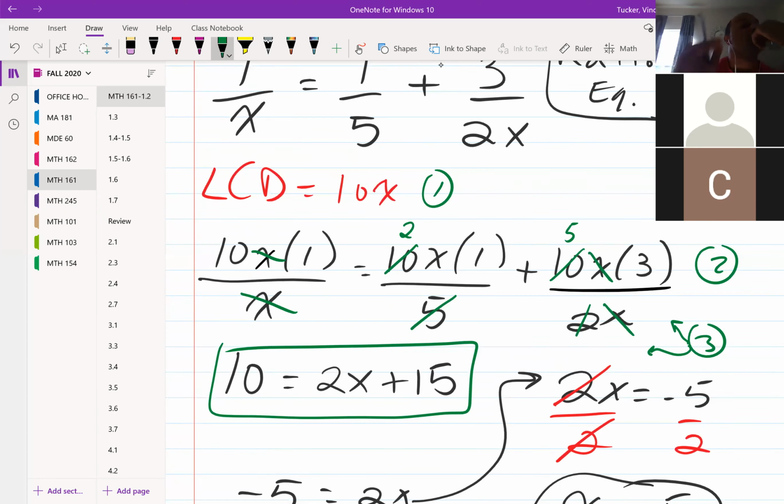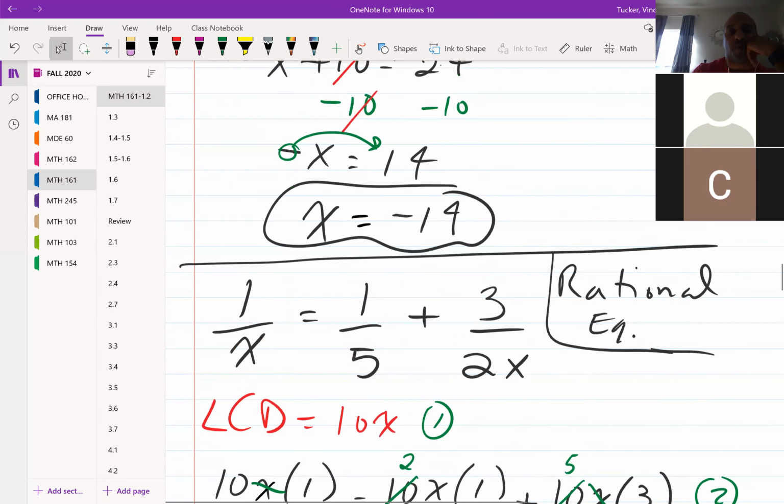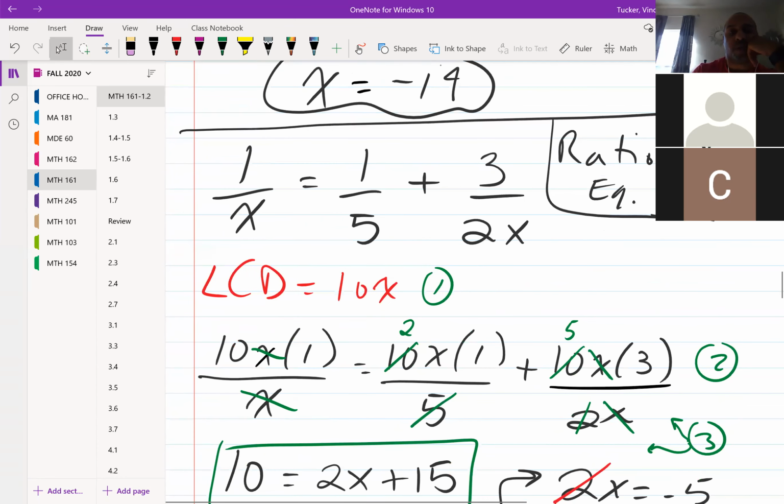So before we go any further, make sure we're okay. My screen froze. Can you scroll up, please? I didn't get most of it. You're talking about the last problem? I was trying to get the word, and it was frozen for a long time.